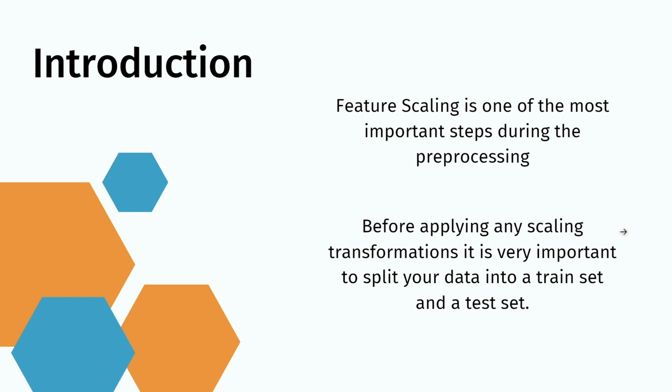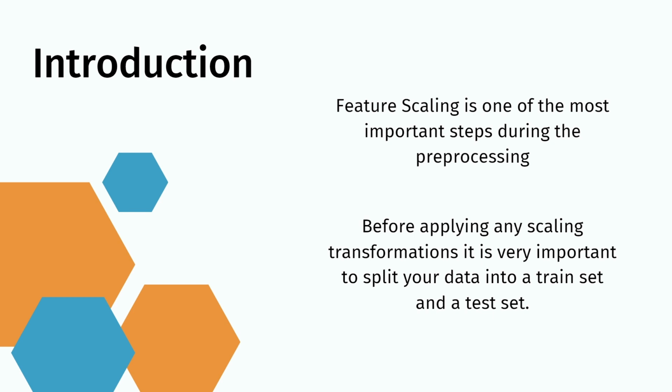So next, introduction. Feature scaling is one of the most important steps during pre-processing, and before applying any scaling transformation, it is important that we split our data into train and test set.